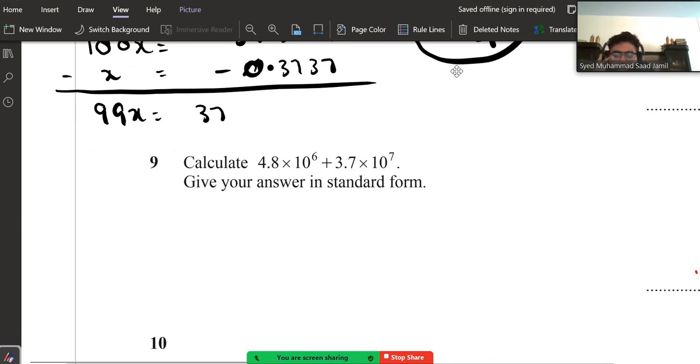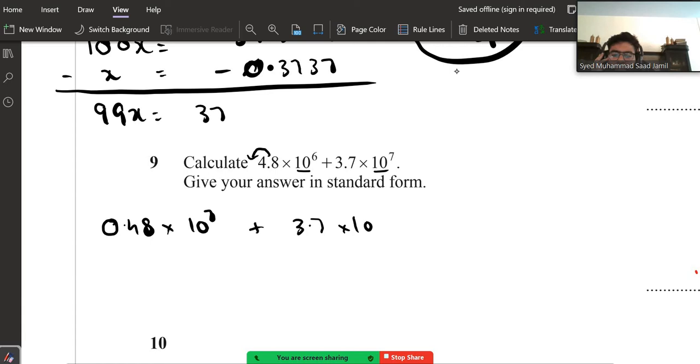Moving on to question number 9. It's 4.8 multiplied by 10 to the power of 6 plus 3.7 multiplied by 10 to the power of 7. Try to take common. How can we take common if we make both the powers same? So if I move one decimal place back, it will become 0.48 multiplied by 10 raised to power 7 plus 3.7 multiplied by 10 raised to power 7.